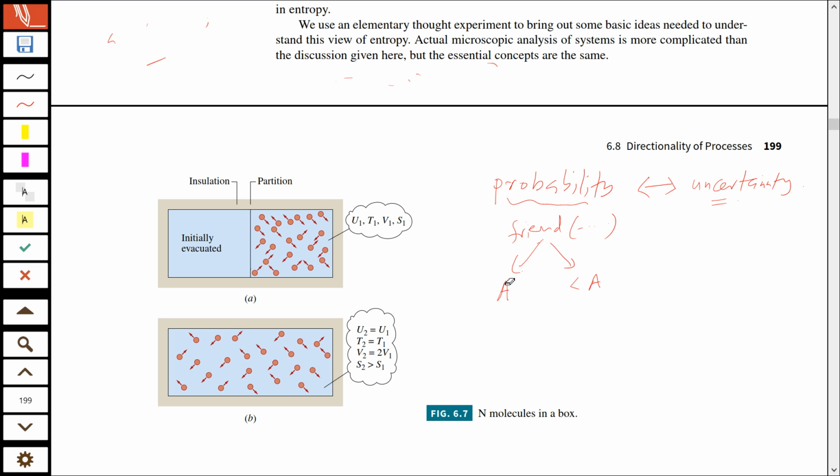Or maybe just keep it simple: whether he will pass the course or whether he gets an F. There are only two possibilities, because I want to keep this discussion simple. Now, if you know your friend very well, what will you tell me?